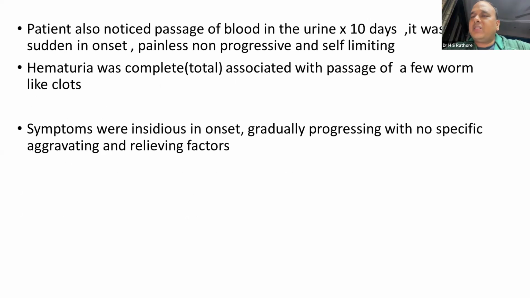Patient also noticed passage of blood in the urine since 10 days. It was sudden in onset, painless, non-progressive, and self-limiting. Hematuria was associated with the passage of few worm-like clots. Symptoms were insidious in onset, gradually progressing with no specific aggravating or relieving factors.